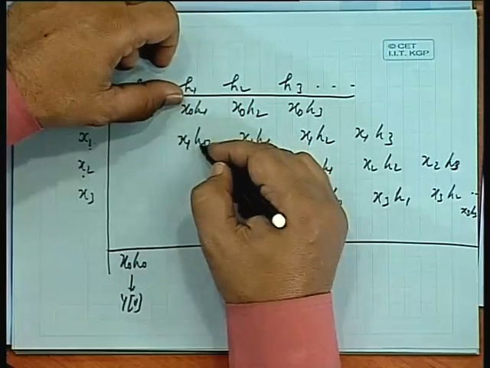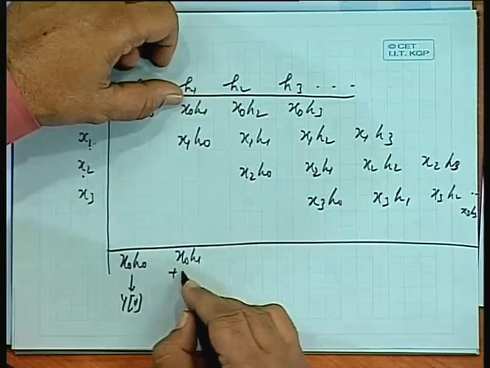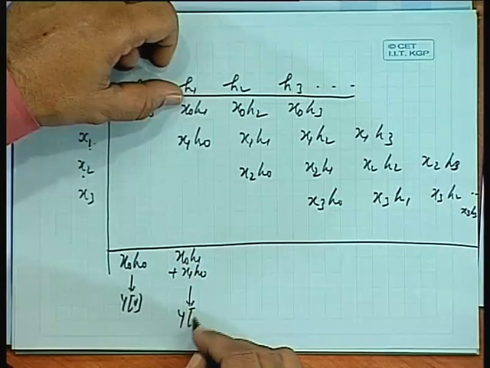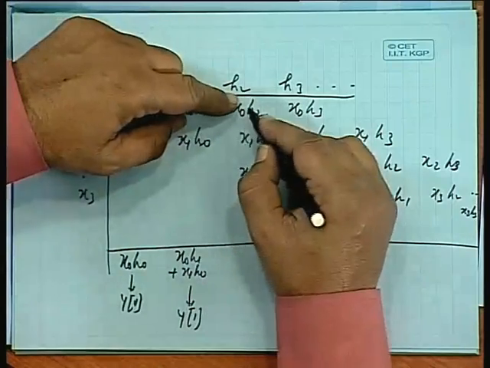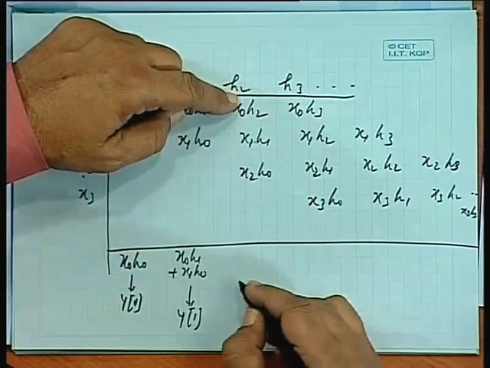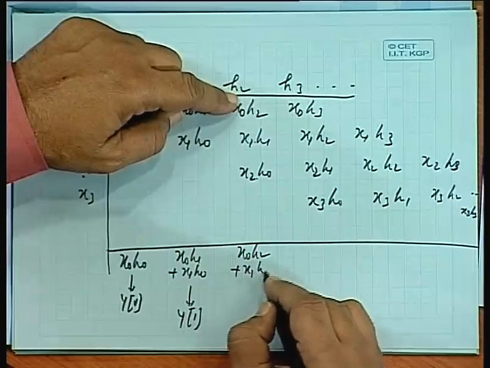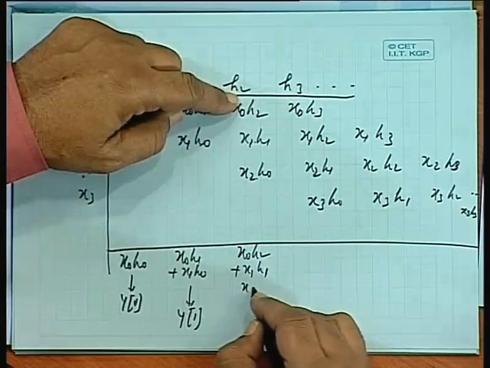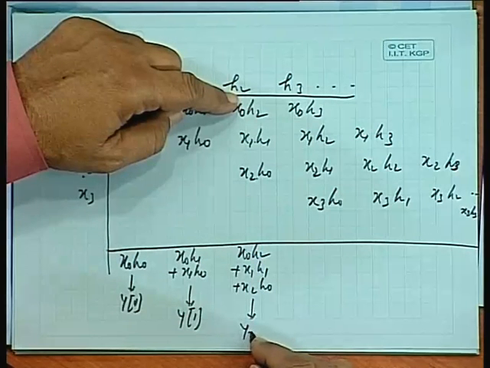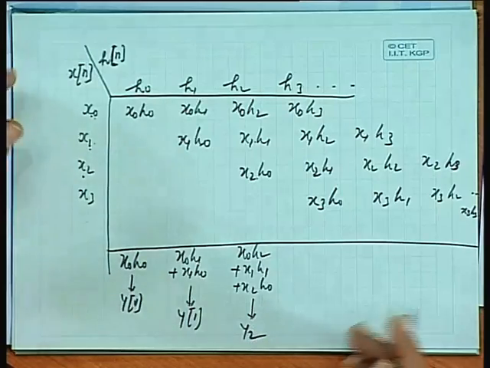So, it will be this plus this. This will be y1. Similarly, 3 terms will be added here, that will be y2. So, x0 h2 plus x1 h1 plus x2 h0, this will be y2. You can write either this or in bracket, it is one and the same thing.